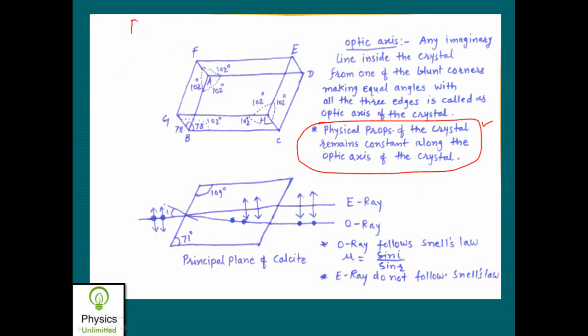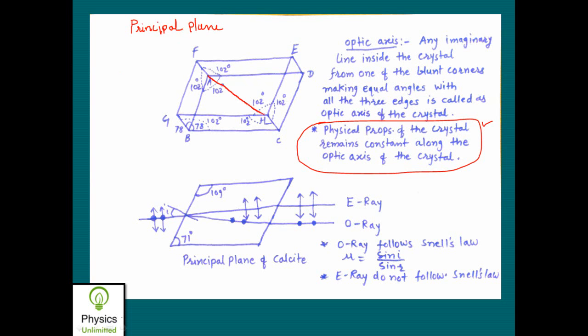Then we define the principal plane for the calcite crystal. A principal plane is defined as a plane which is perpendicular to the two opposite faces of the crystal and which contains the direction of optic axis.